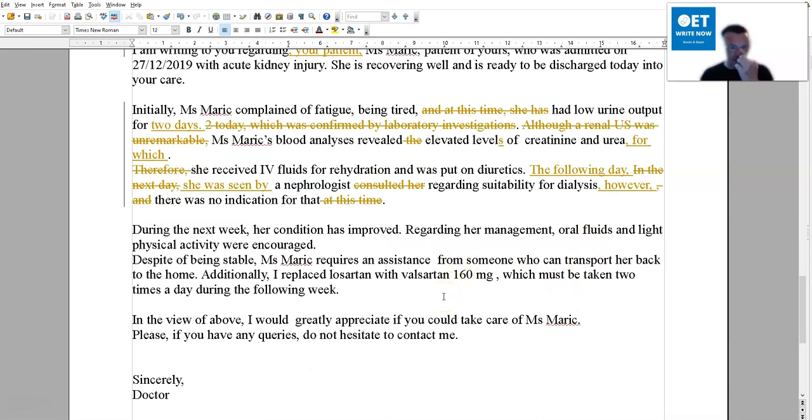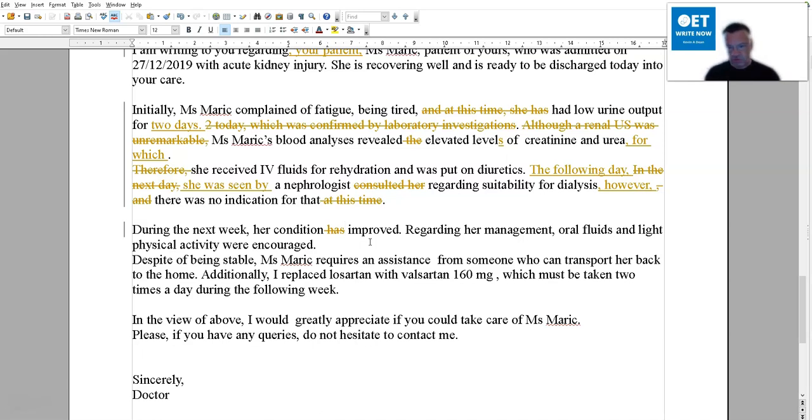So when we're using present perfect, we're connecting that point in the past with this point, right? So during the next week, her condition improved, yeah? During that week, her condition improved. Or if you're saying, today her condition has improved, connecting today with when she was admitted, all right?